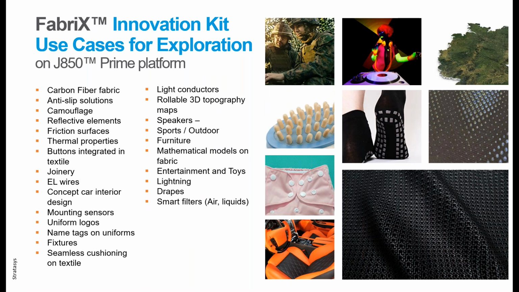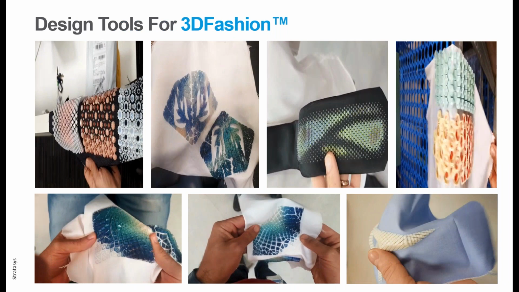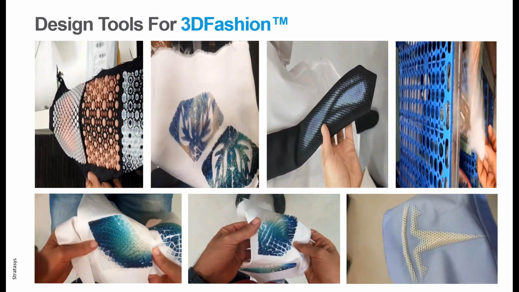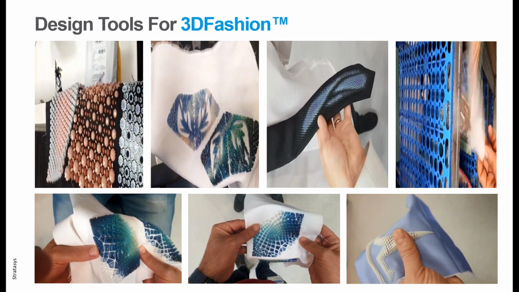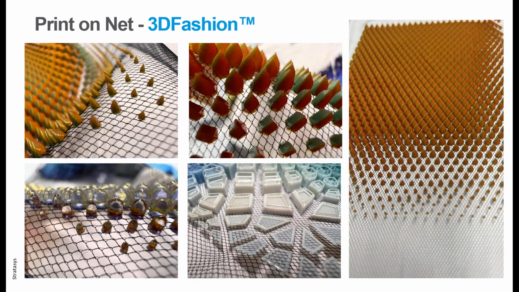So the fabrics innovation kit can give you a whole lot of design features on a fabric that can be printed. Let's take a closer look. So more designs, which means all these possibilities can only happen with the J series printer, and ideally that's because of how the printer has been built up.